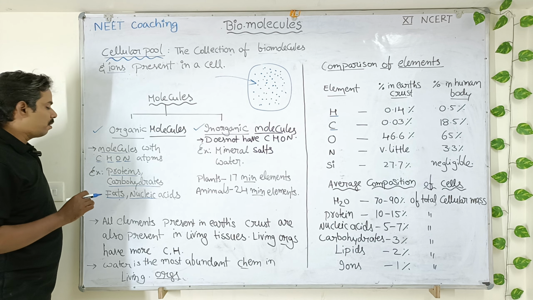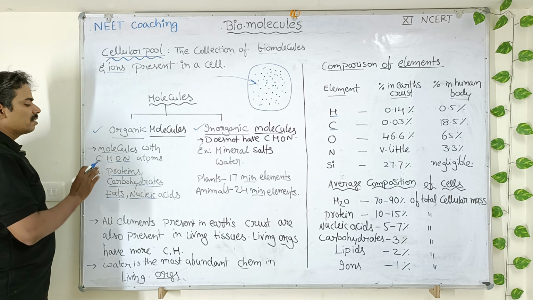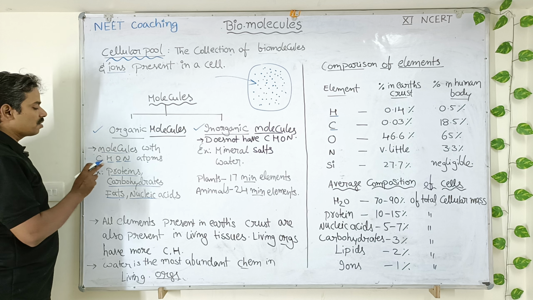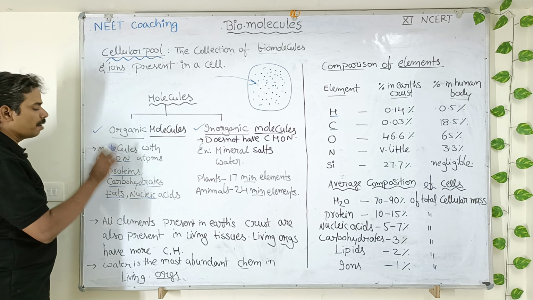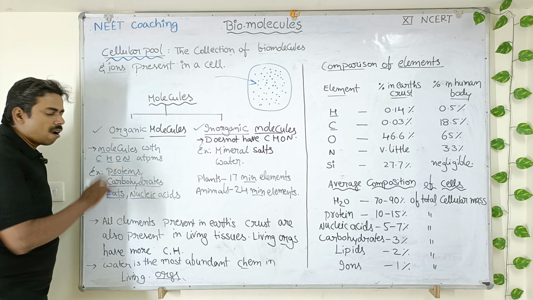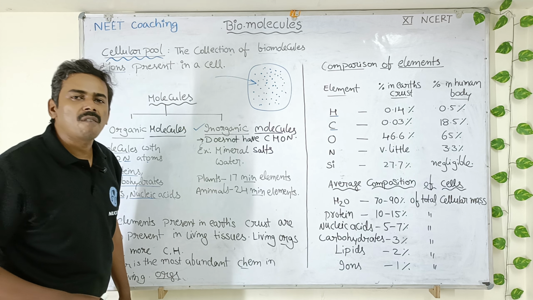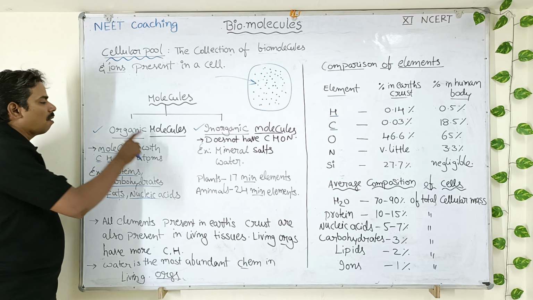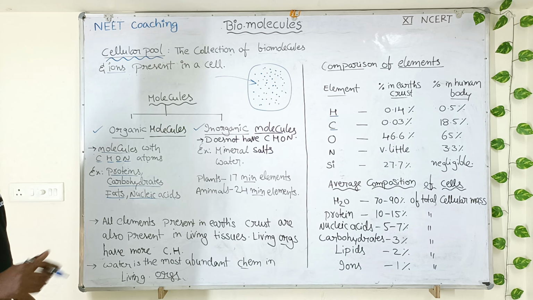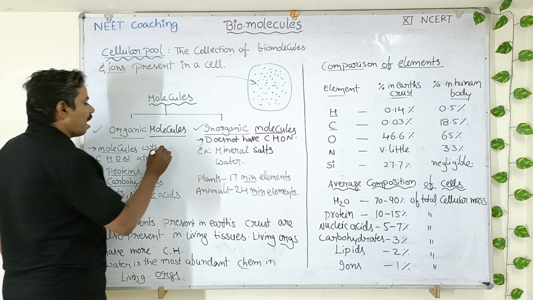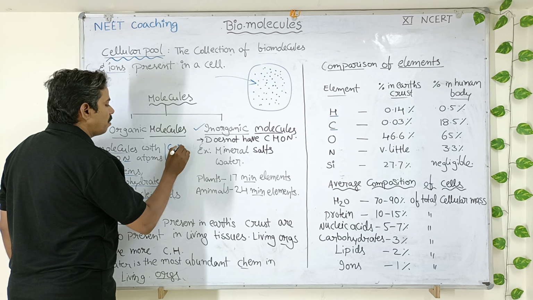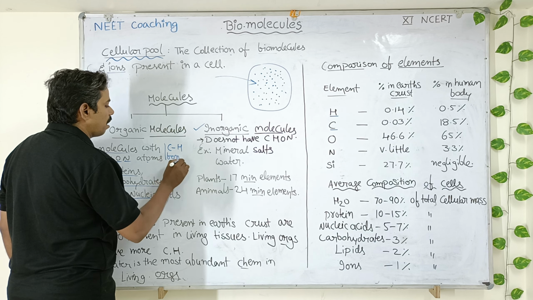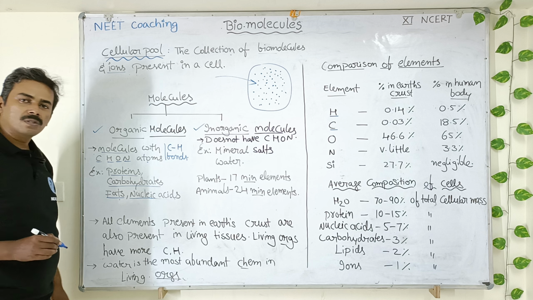An organic molecule is a molecule which has 4 atoms in its structure, namely carbon, hydrogen, oxygen and nitrogen. If these 4 atoms are present in the structure of the molecule, then that molecule is considered an organic molecule. And organic molecules will also have carbon-hydrogen bonds.